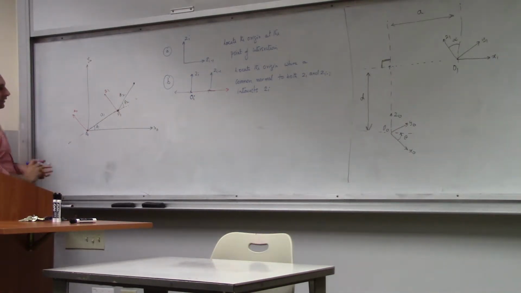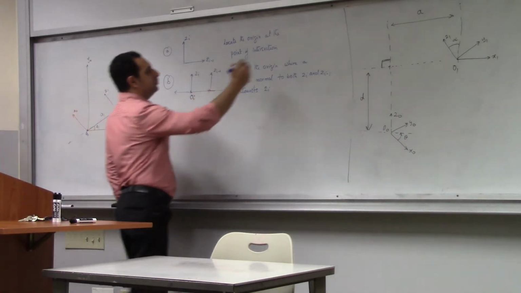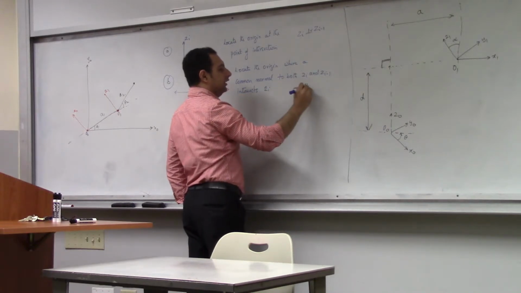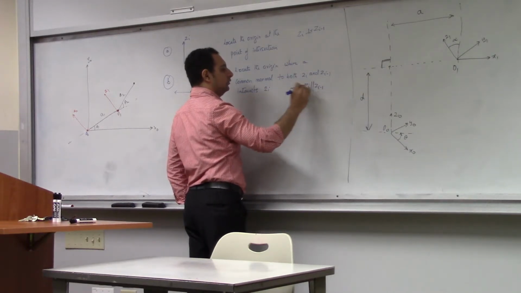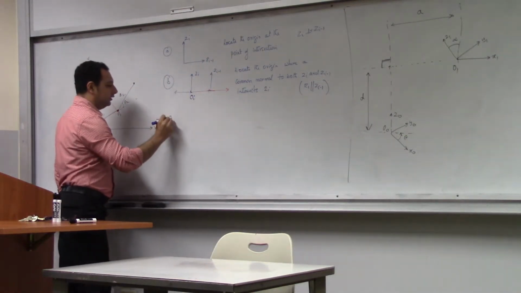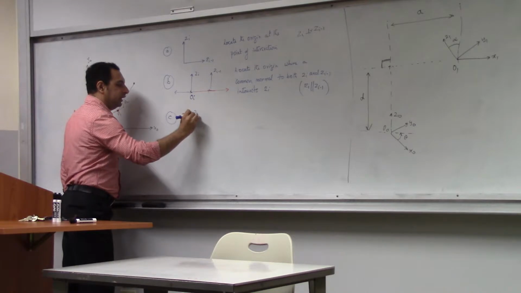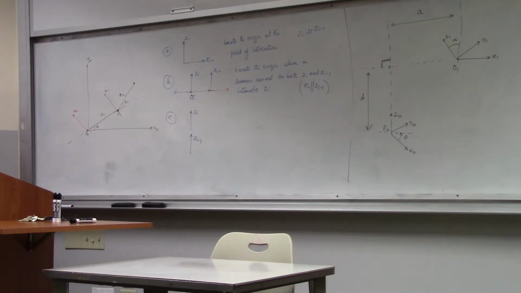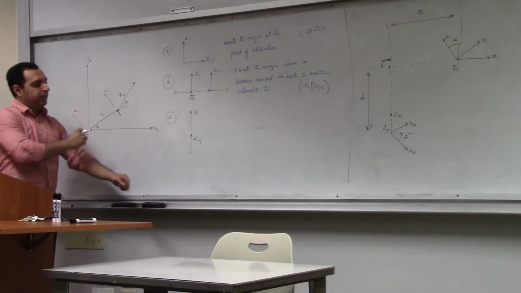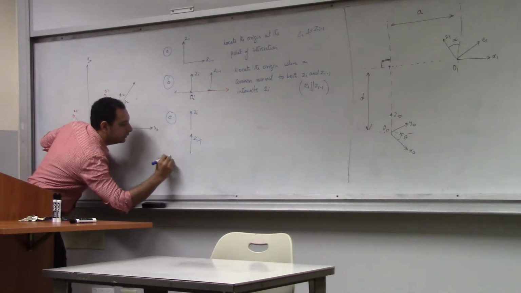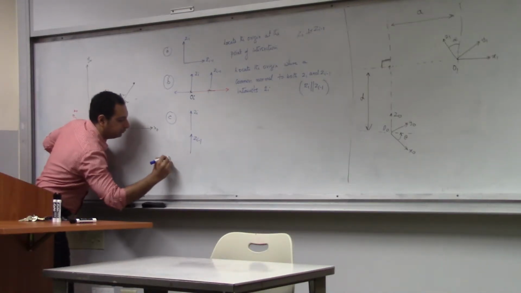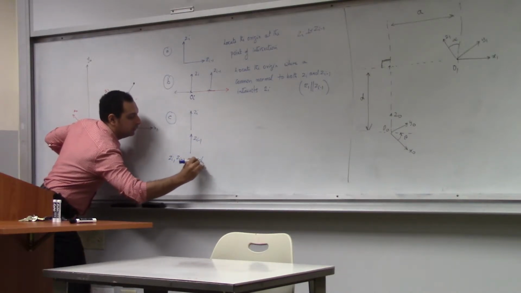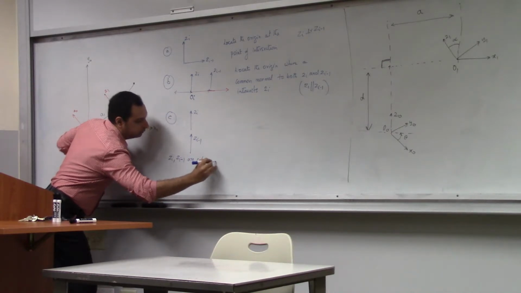The other case is like this, where Zi is perpendicular to Zi minus 1, here Zi is parallel to Zi minus 1. The third case is where both of them are collinear, so Zi, Zi minus 1, they are like this, okay, they are in the same direction, parallel and collinear.